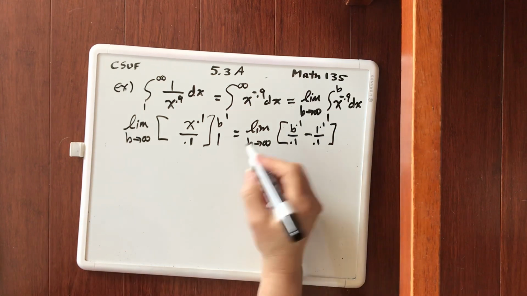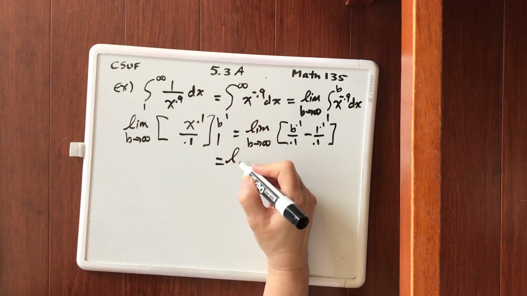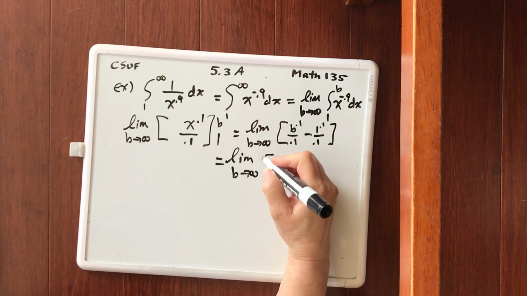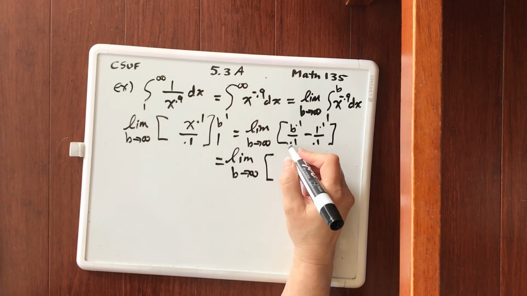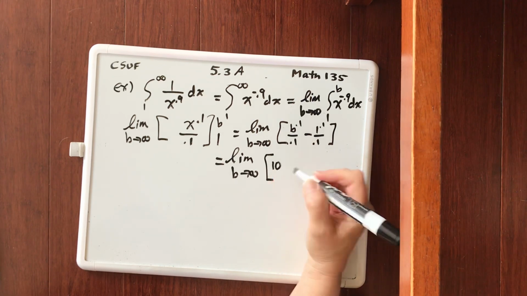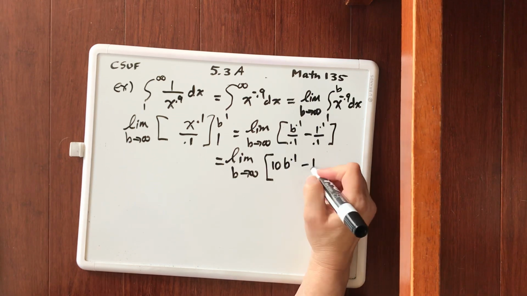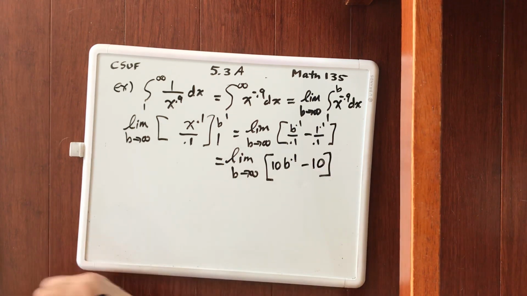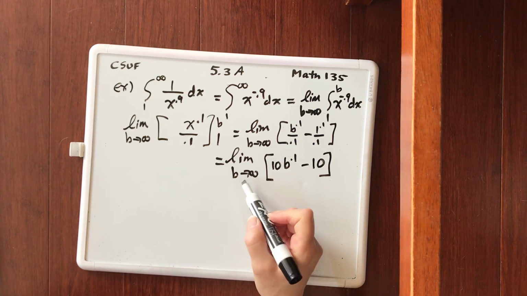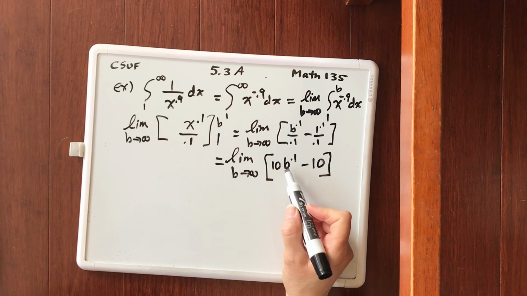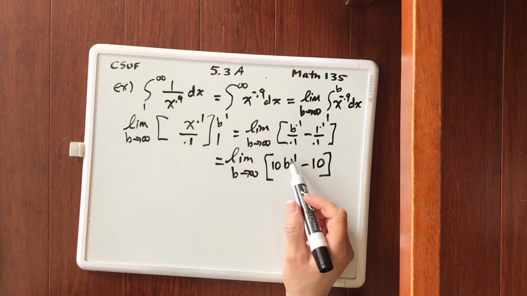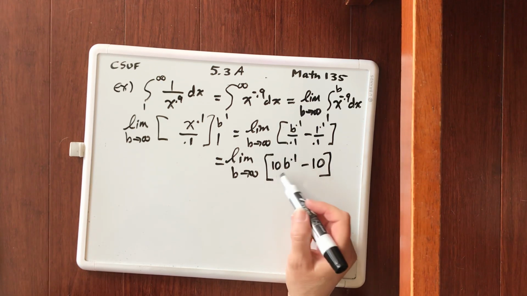Okay? Now what does this equal? The limit as b approaches infinity. The 0.1 down in the denominator becomes 10. So b to the 0.1 times 10, minus 10. Okay, so now we can take the limit. If we put infinity in there, this number just keeps getting larger and larger and larger.